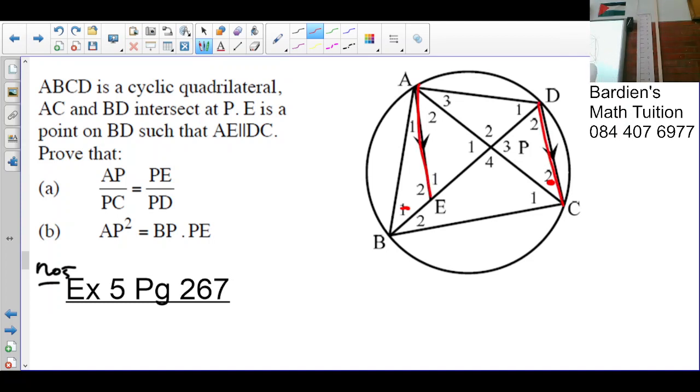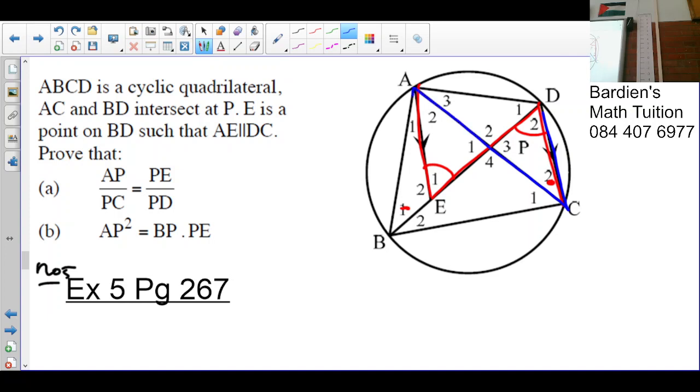If lines are parallel, what do we know? Alternate angles are equal. Corresponding angles are equal. Co-interior angles are supplementary. But importantly here, what I want you to note is that angle E1 is actually equal to D2. What else do we know? You can see that C2 I've marked.